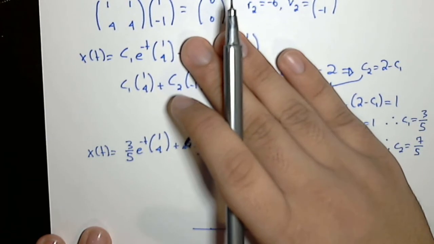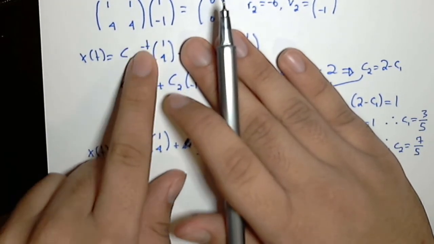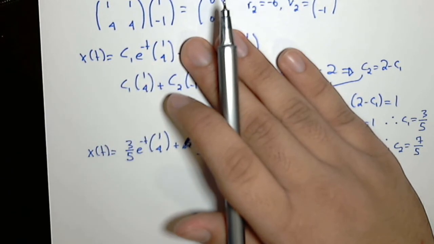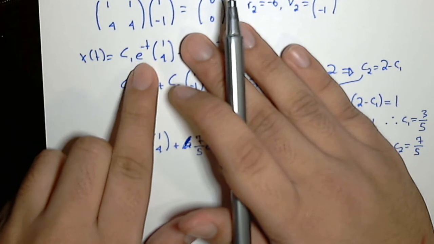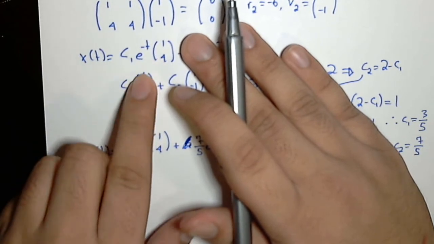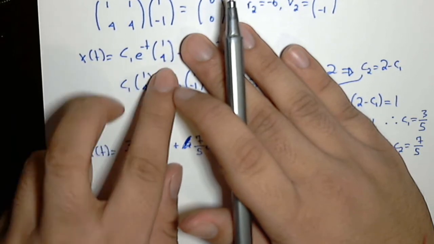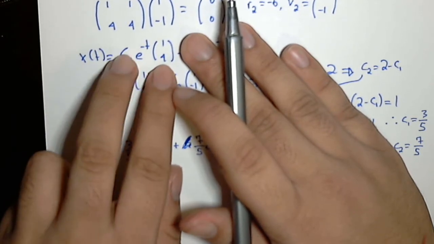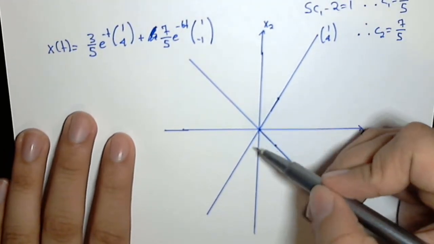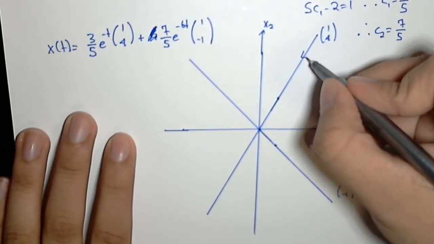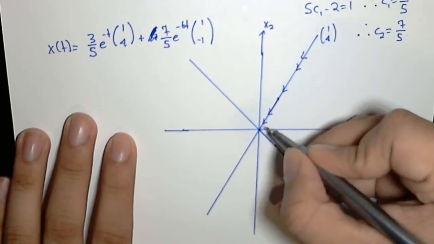This is gone, right? As t progresses, this number, e to the negative t, gets smaller and smaller and smaller, which means the length of the vector gets smaller and smaller. So as t increases, the length of the vector that we're talking about gets closer and closer to 0, which means here, along this line, as t progresses, we get more and more to 0.